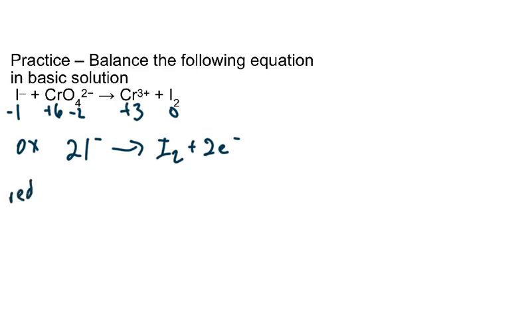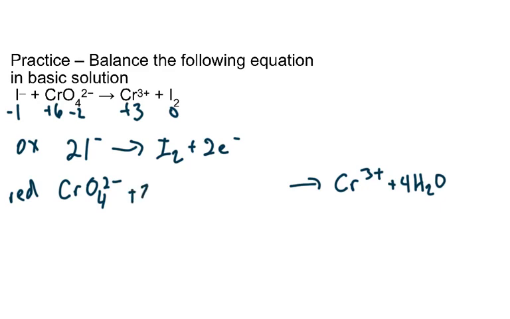My reduction will be CrO4 2-, leave a big space, Cr3+. My chromiums are balanced. I have 4 oxygens on my reactant side. So I'm going to need 4 water. Then I'm going to add 8H+ and 8OH- plus 8OH-.